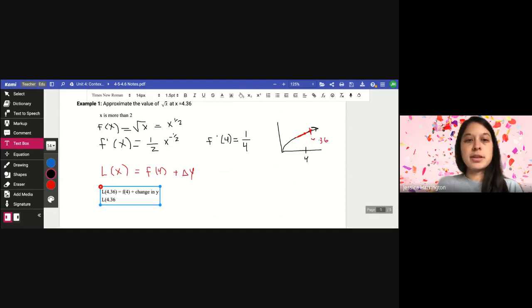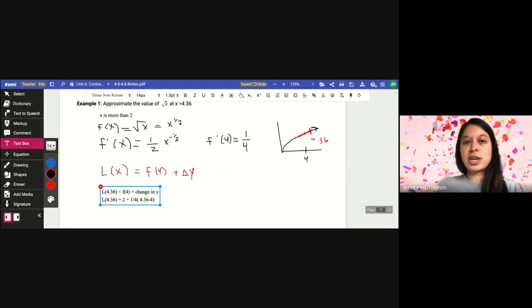So let's type this in. L of 4.36 equals f of 4, which is 2. And now what is that change in y? Well, that change in y is going to be equal to the slope of the line, so 1/4, times the change in x, the difference from 4 to 4.36, so 4.36 minus 4.